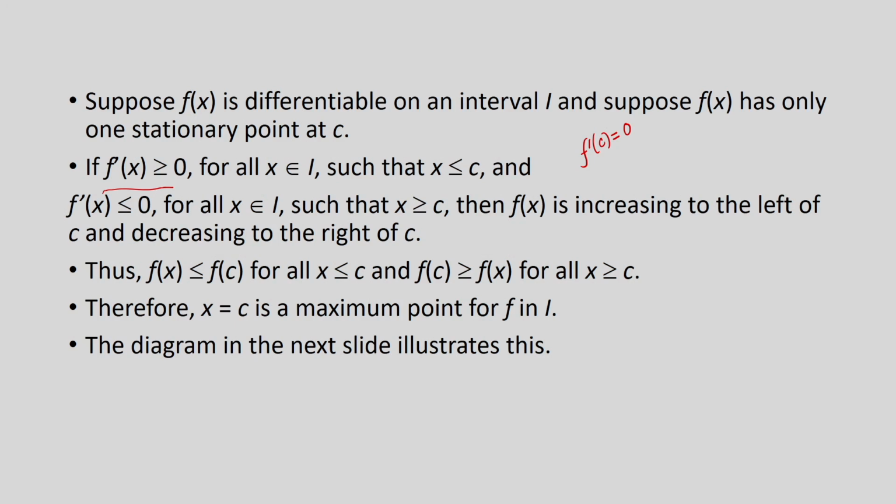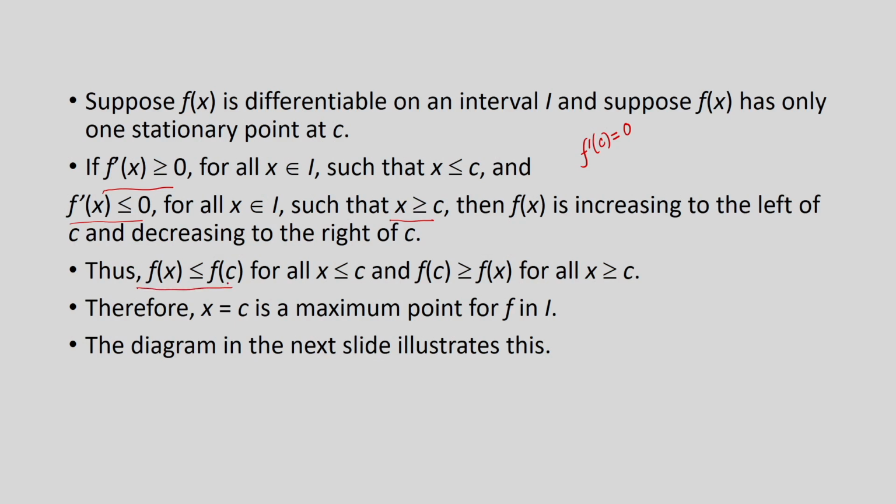Now, if this is satisfied, then the function is an increasing function to the left of c, and similarly if you are talking about x greater than or equal to c, then this is satisfied, f dash of x is less than or equal to 0, which means that the function is decreasing.